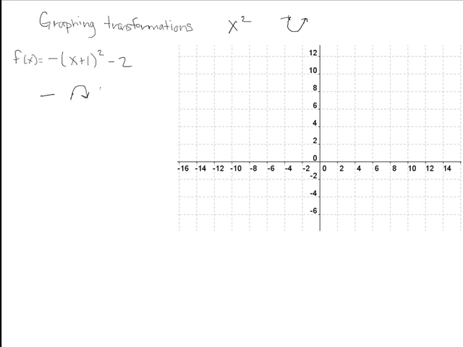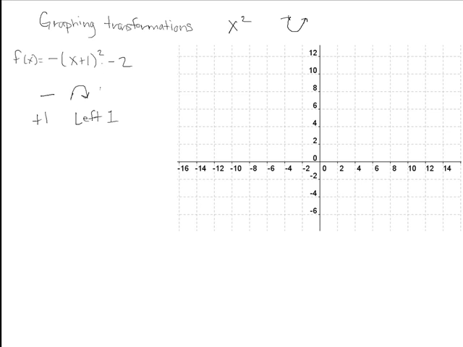If it's a plus here, it means that we're going to move to the right. So here we've got plus 1, and that tells us that we're going to move left 1. Okay, so the opposite of what we would think. Usually plus means right, but inside of a parentheses we do the opposite. So since it's a plus here, we move left 1. Now we don't want to plot that yet because we've got to see if it's going to move up or down.